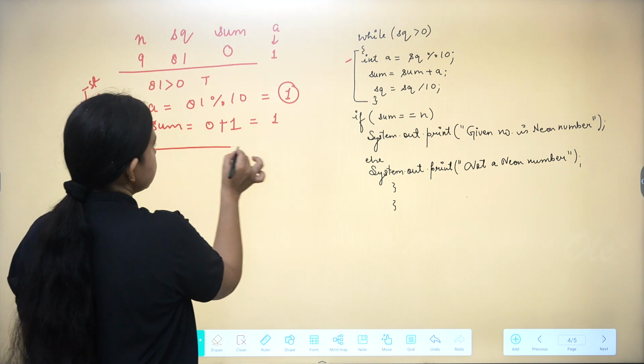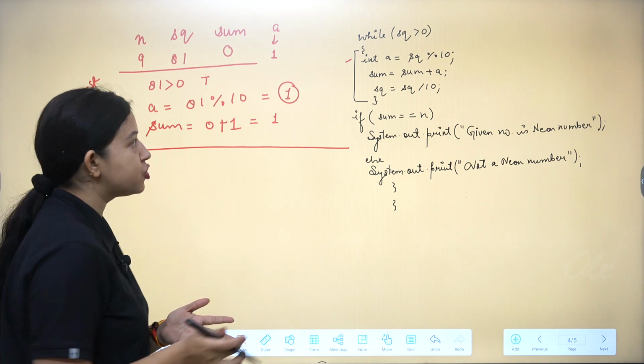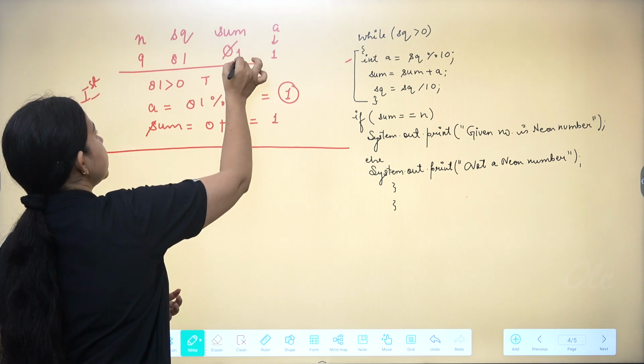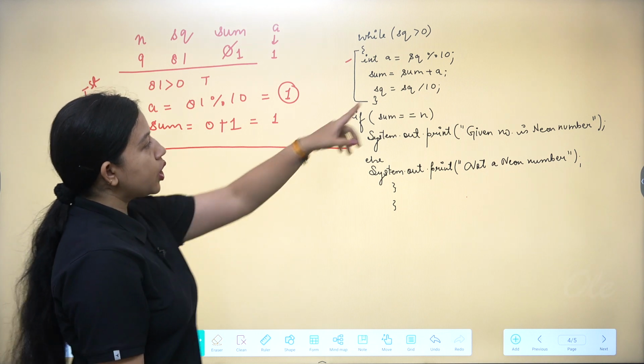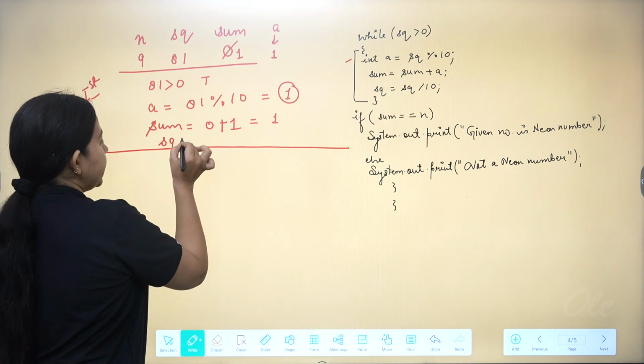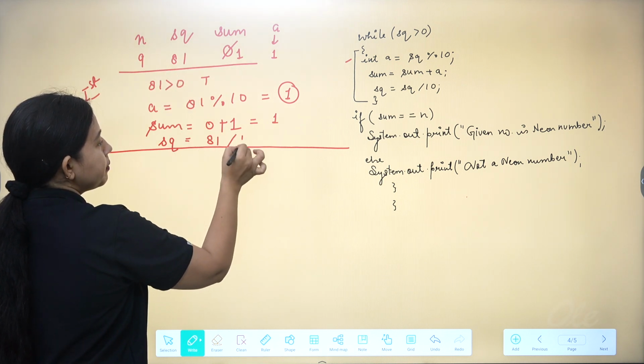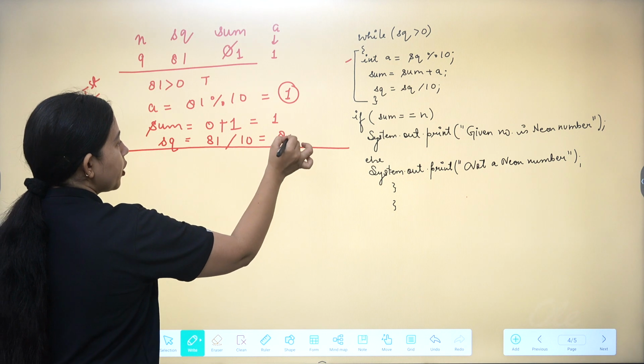In the first iteration you can see the sum value has changed. The 0 turned to be 1, and now sq equals sq divided by 10. So we are also updating the value of sq. The current value of sq is 81. Divide by 10, so it becomes 8.1.